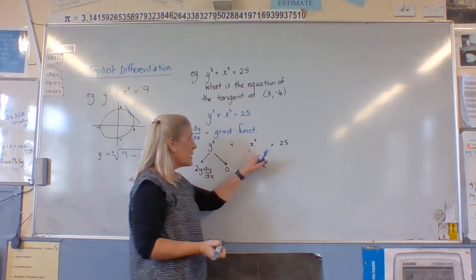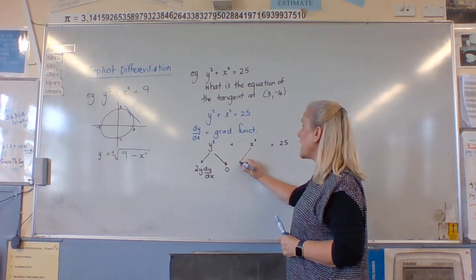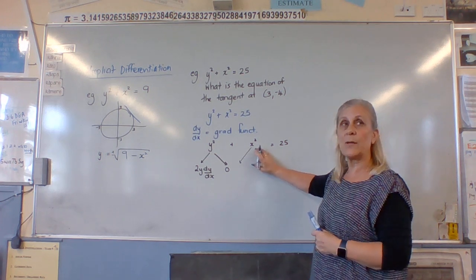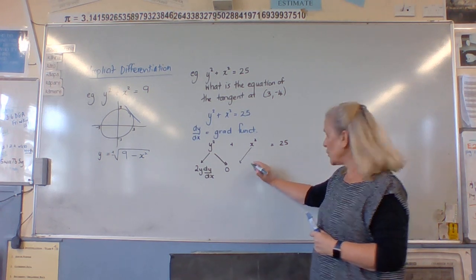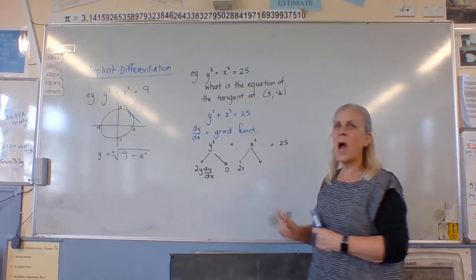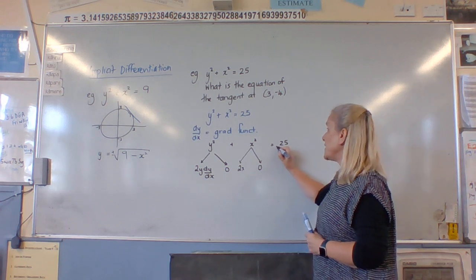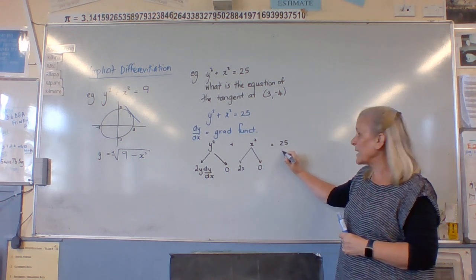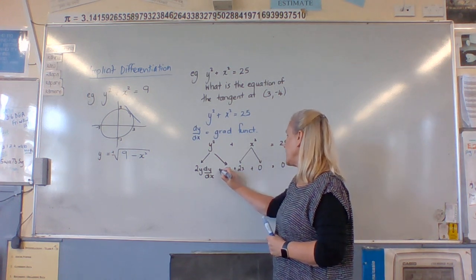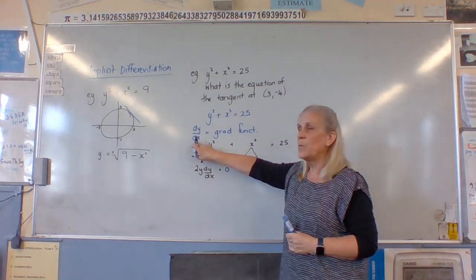So this one, if I'm differentiating this as per normal, dy by dx, what will this equal? 2x. And if I differentiate this by all the y's in it, how many y's are in it? 0. Right. And this one, if I differentiate this, I get 0. So this is what we've ended up with here. So now I want to have dy by dx.